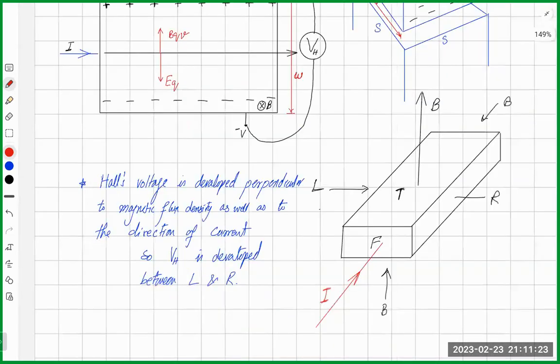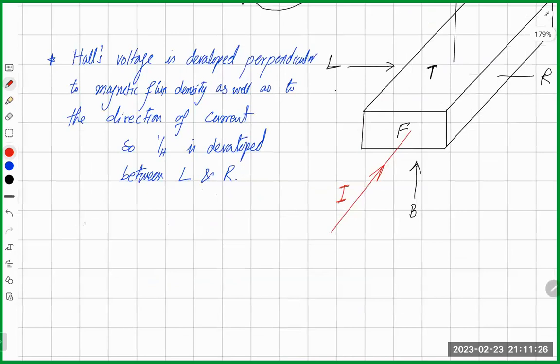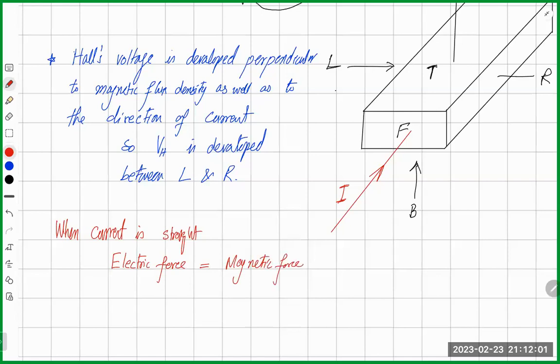So here we go. When current is straight, electric force is equal to magnetic force.